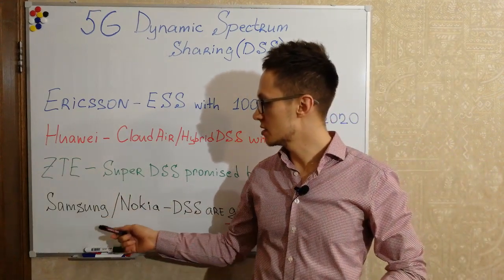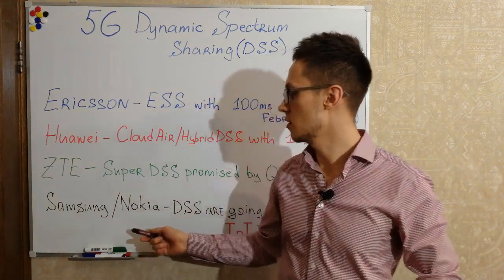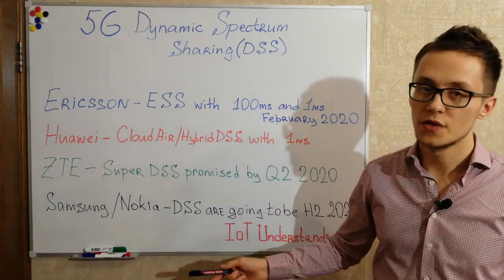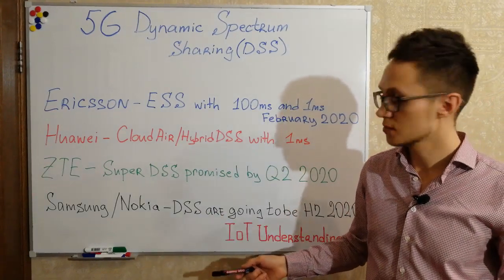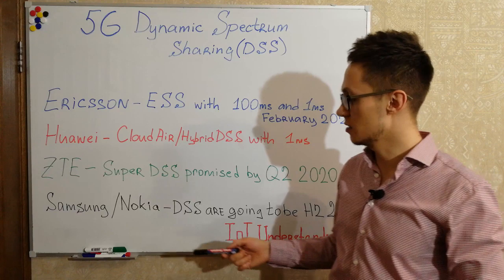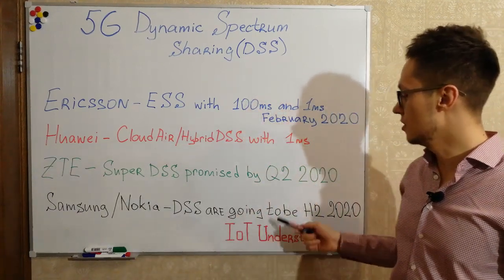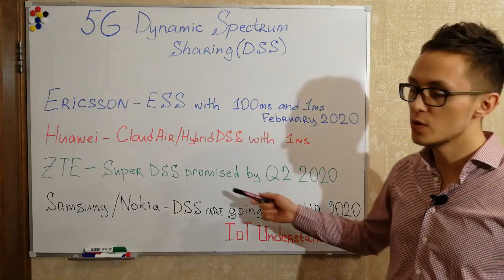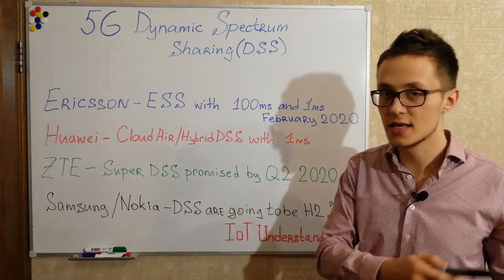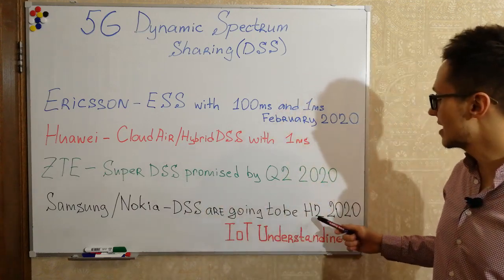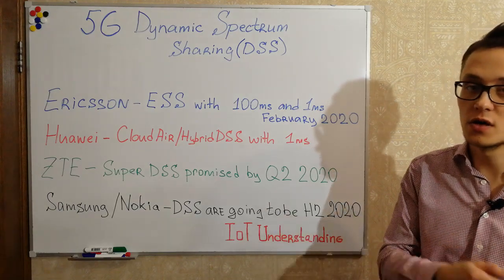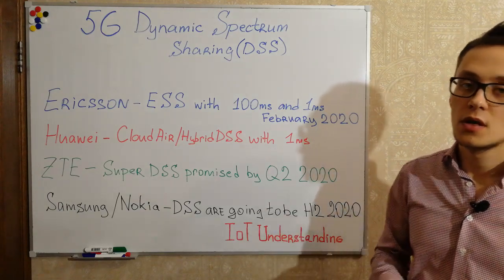And some companies like Samsung and Nokia are a little bit behind, and they are going to present their DSS solution only in the second half of the year.